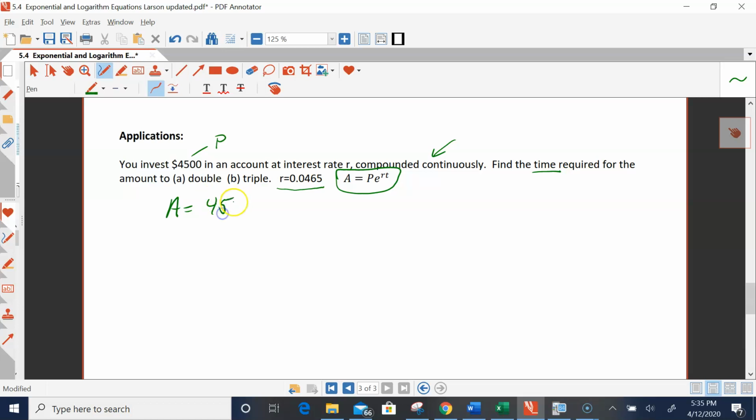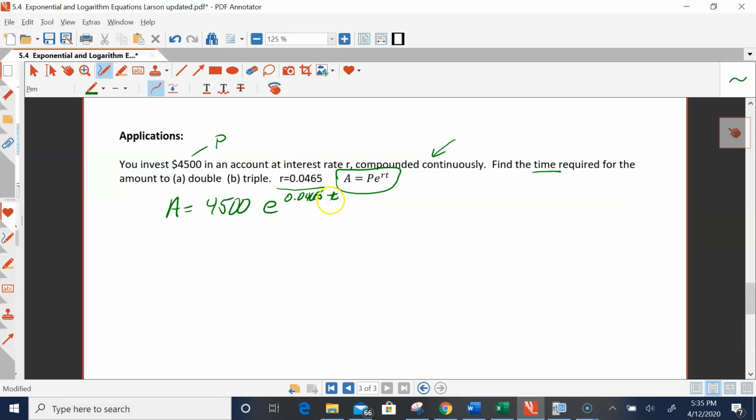P is 4,500. The rate is 0.0465, and that's times t. And we want to solve for t, and t is in an exponent position.